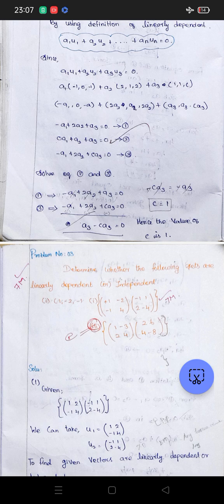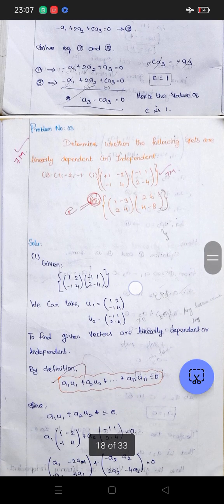Okay, next, problem number 3: determine whether the following sets are linearly independent or dependent.